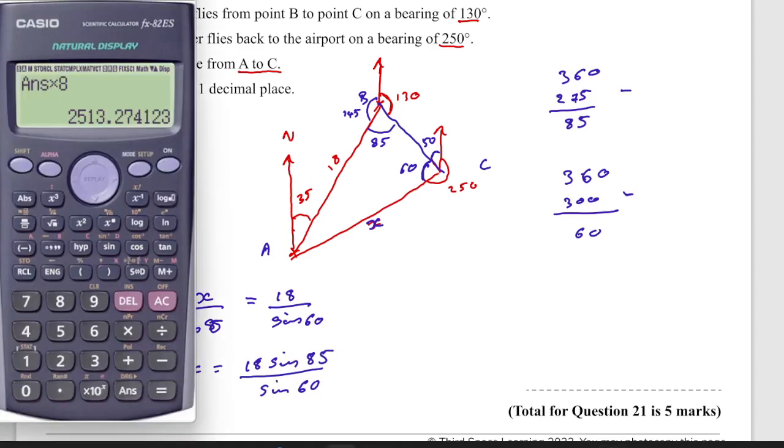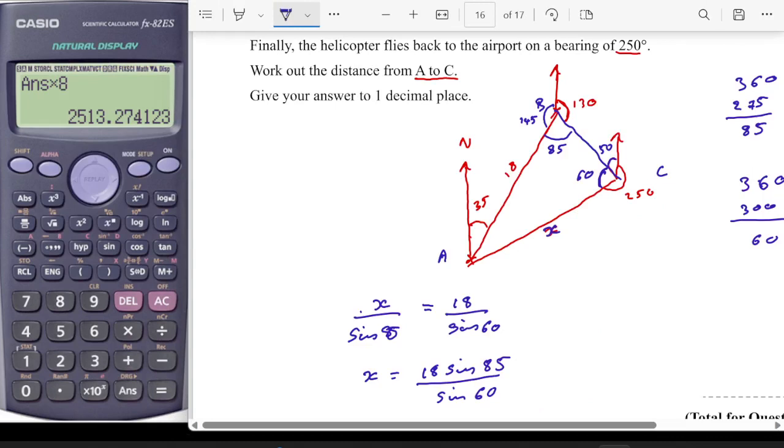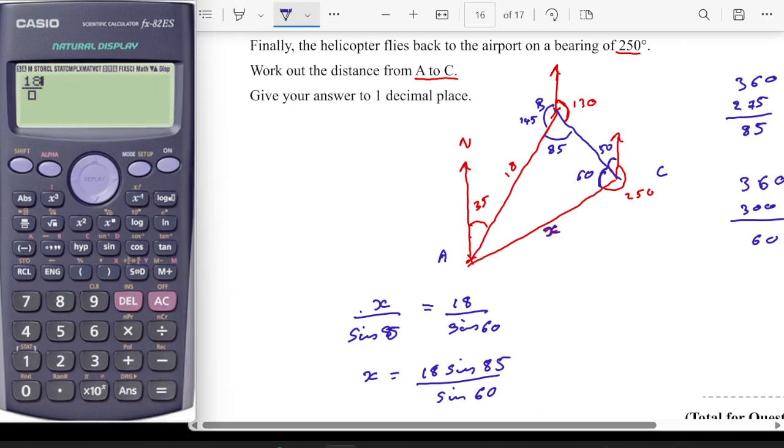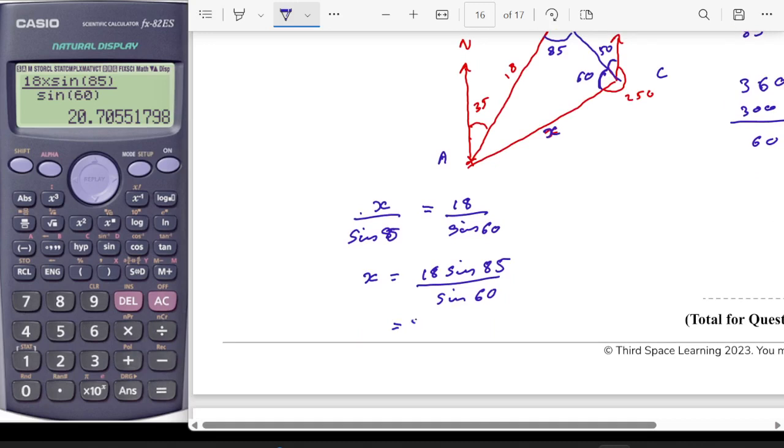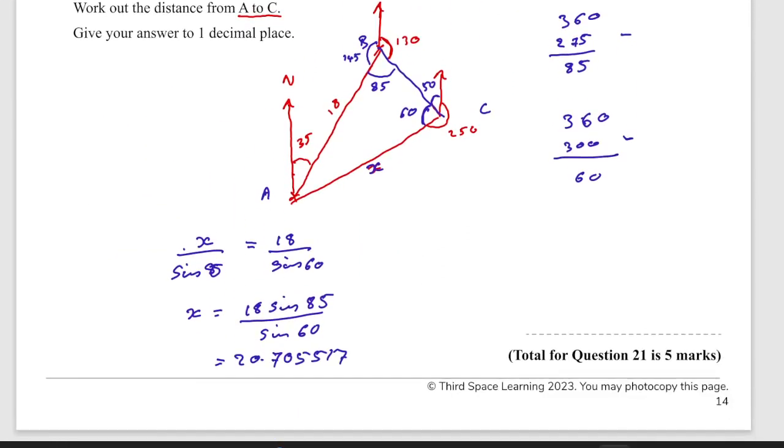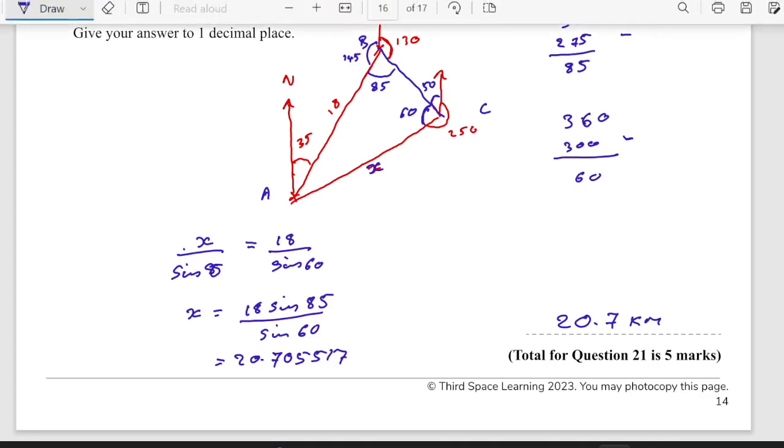Calculating that, 18 times sine of 85 divided by sine of 60 gives 20.70517. To one decimal place that's 20.7, and again my unit is kilometers. Somewhere on the paper there'll be a unit mark.